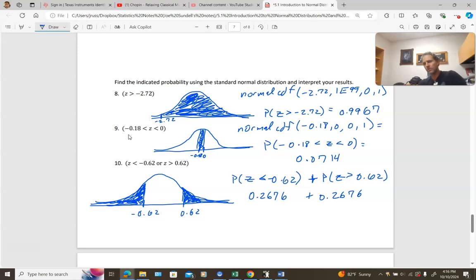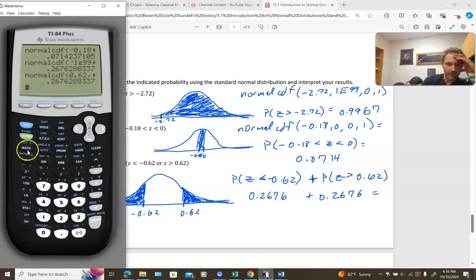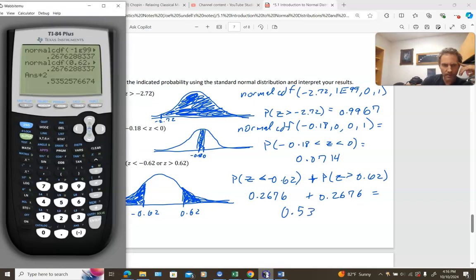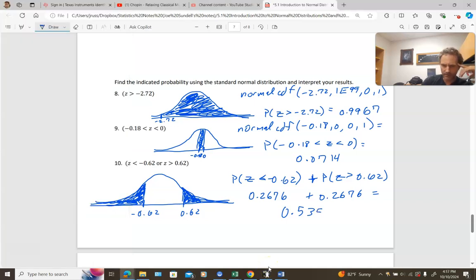So if you notice this when you're doing your homework, guys, that these are symmetric and that the area under each of these pieces is the same, then just find one and double it. So if I double, well, yeah, I'll go ahead and say times 2. Then we would get 0.5353 roughly. Okay.